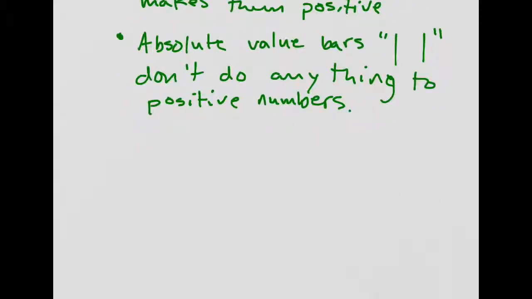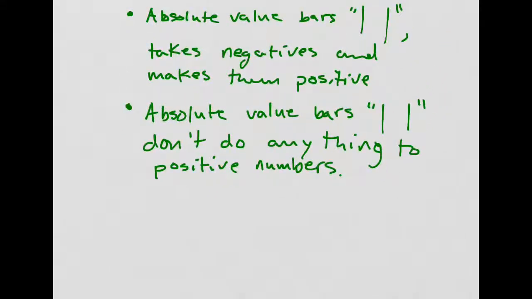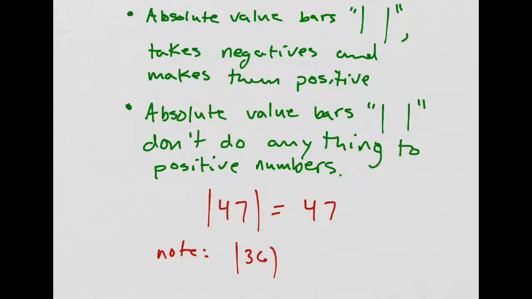So if I have the absolute value of 47, well, that's a positive 47, so that's just 47. Note that the absolute value of 36 doesn't change the sign for positive numbers.